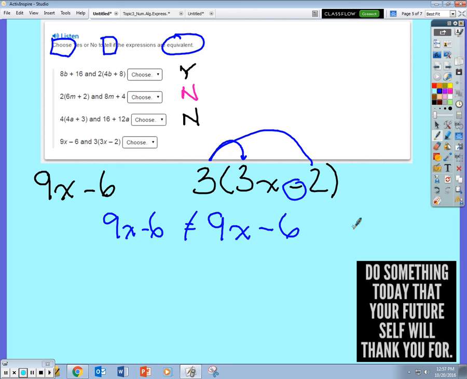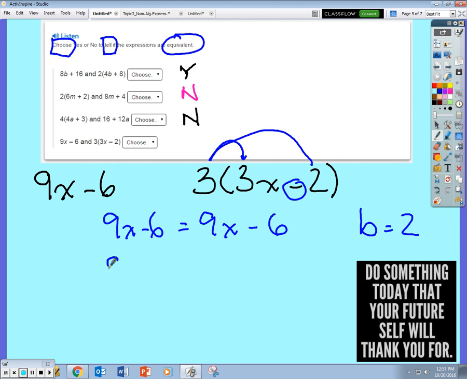And just for fun, we'll put in 0. 9 times 0 is 0. 0 minus 6 is negative 6. Negative 6. 9 times 0 is 0. 0 minus 6 is negative 6. Hey, those equal. Let's just try putting a 2 in there for fun. If I put a 2 in there, b is now equal to 2.